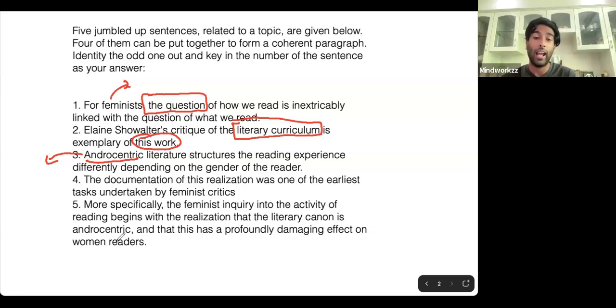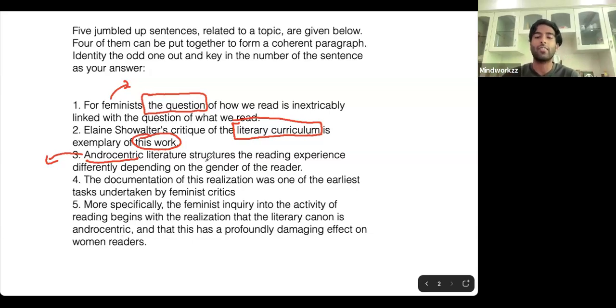Based on what they find among men, they extrapolate that finding to the general audience. They'll just say, we tested this on males, and now this is the result for everybody. That is one example of androcentric.